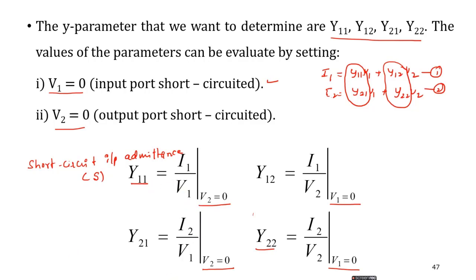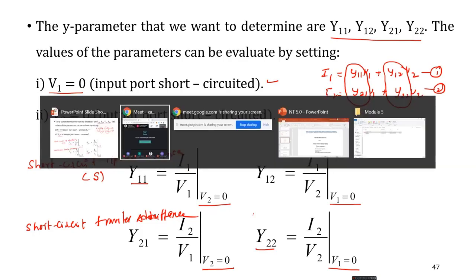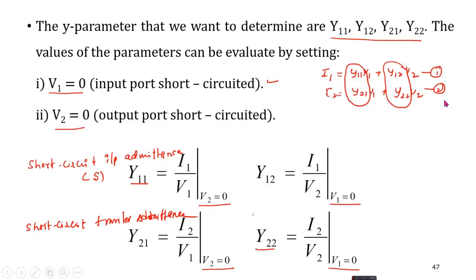Alright, what is Y21? Y21 is called the short circuit transfer admittance. It is measured in Siemens again.